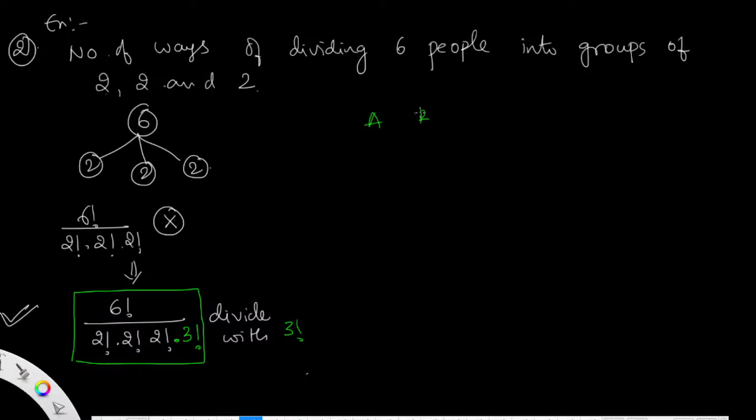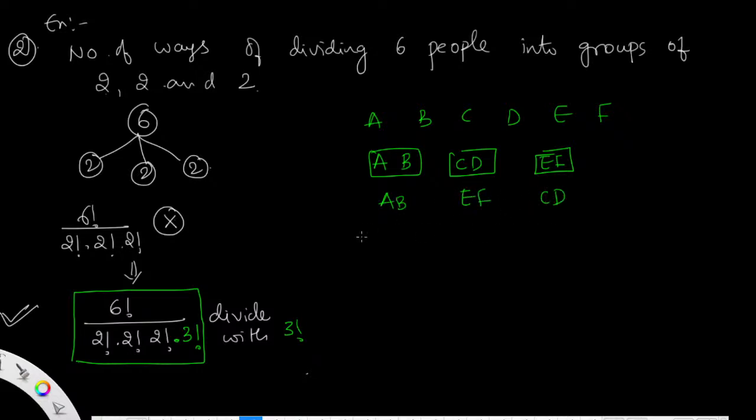How do you get this? Let A, B, C, D, E, F be the people. Making equal groups of two: AB is one group, CD is one group, and EF is one group. Similarly, the next arrangement is AB, EF and CD. Next, CD, AB and EF.